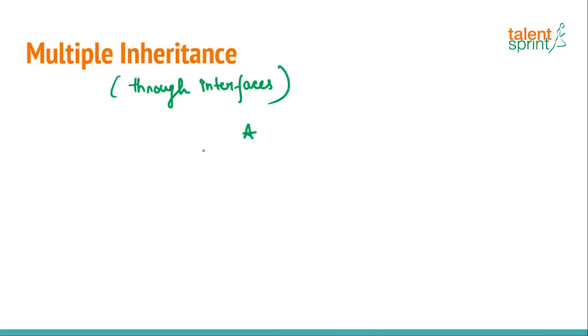So there can be an interface A, there can be another interface B, and there can be a class that implements both A and B, right? So this is what we know as multiple inheritance, and this, I'll repeat again, happens only through interfaces.